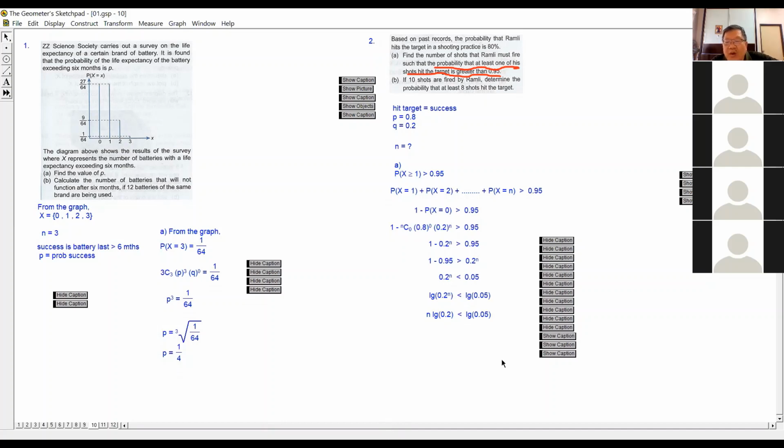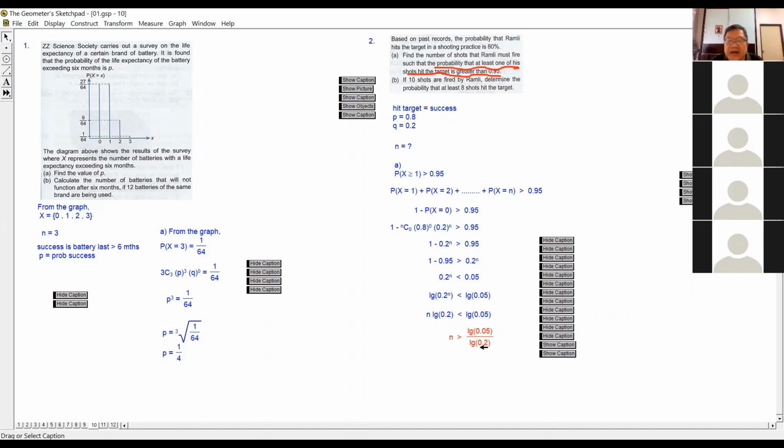So when you want to divide by a negative number, bring the negative number over, what must you do? When you bring the negative number over to the other side, you must change the inequality sign. From less than, you must change to greater than. Why must we change? Because log 0.2 is a negative number.